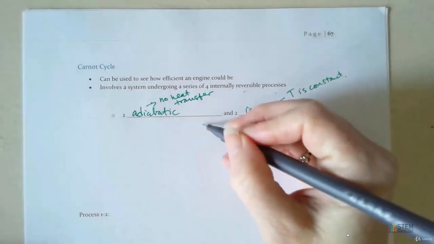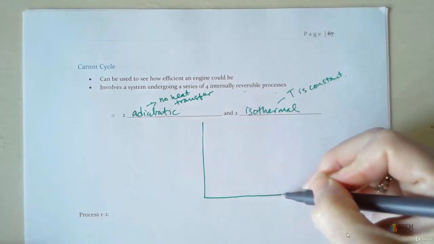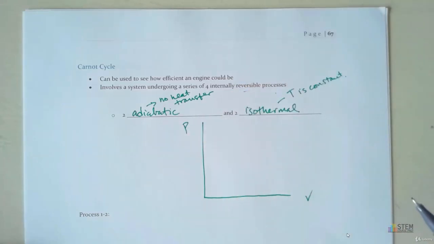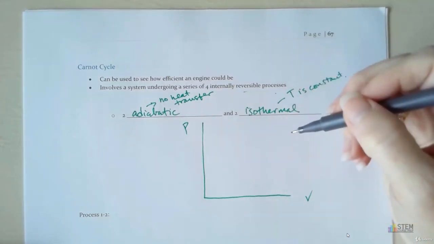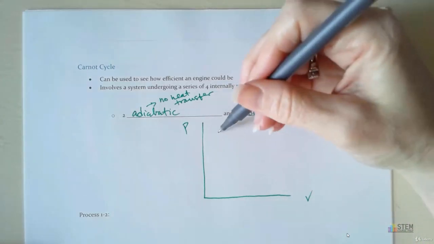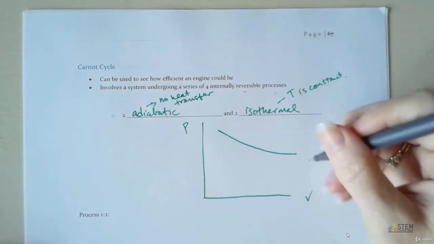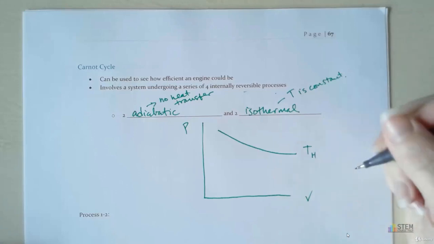So let's go ahead and get this diagram set up. Here's V, here is P. What we're going to do is have 2 lines. These are going to be isotherms, so they're constant temperature. This one let's call TH.